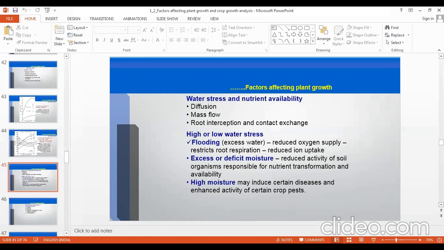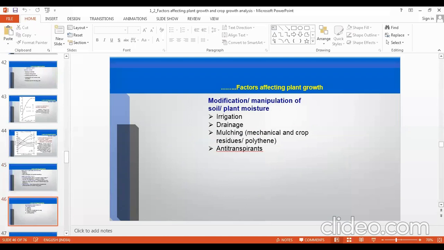There is too much water and the plant is not able to take up that water because of shortage of oxygen. Excess or deficit moisture reduces the activity of soil organisms. In either case, if it is too much or too low, microbial growth is affected, and high moisture may induce certain diseases. Now, can we modify this element, this moisture? Yes, we can modify it by irrigation, by drainage, by mulching, and by using anti-transpirants under dry land conditions.